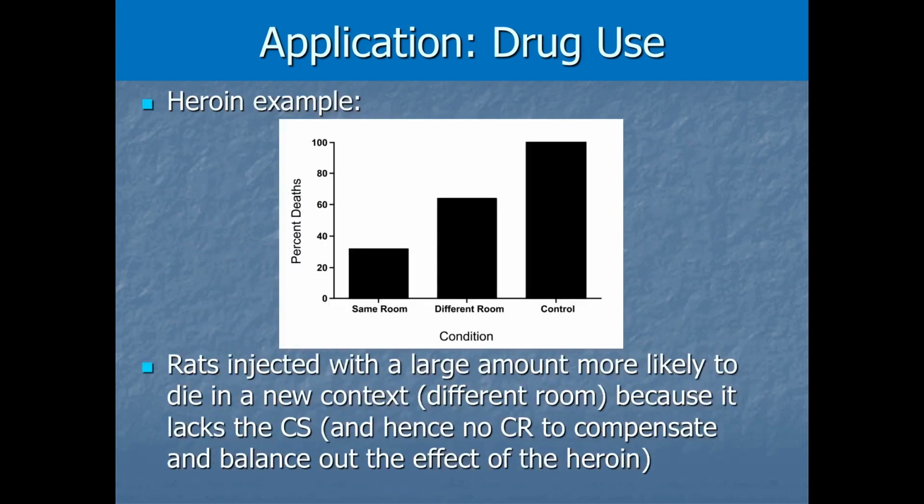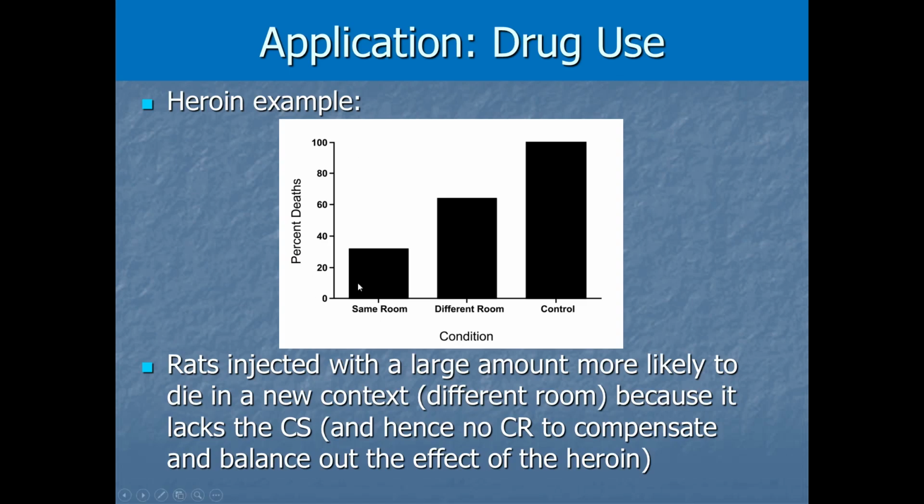Indeed, the same effect can be shown with heroin in lab rats. They had lab rats where they built up a tolerance to heroin in 2 groups of rats. There's also a third control group that didn't build up tolerance. And then they injected these rats in the same room they'd built up the tolerance in, and a third of those died.